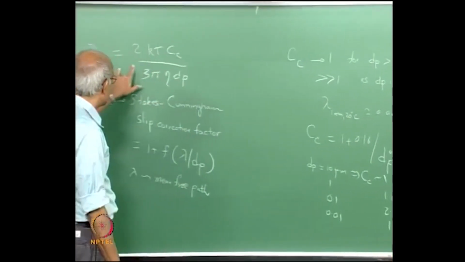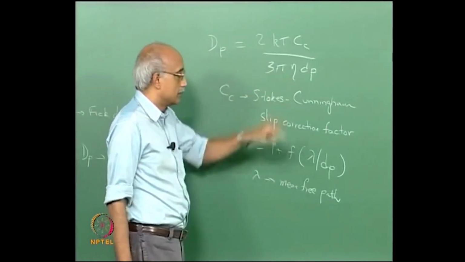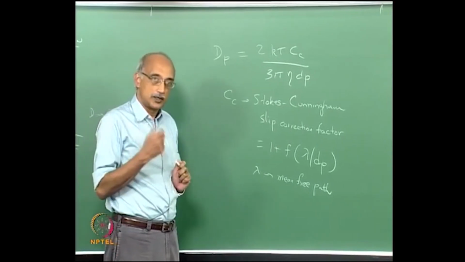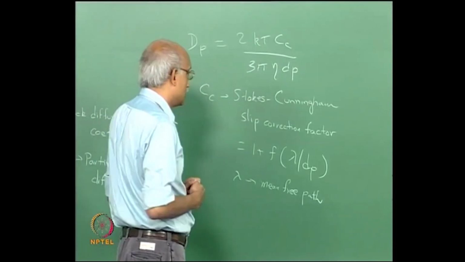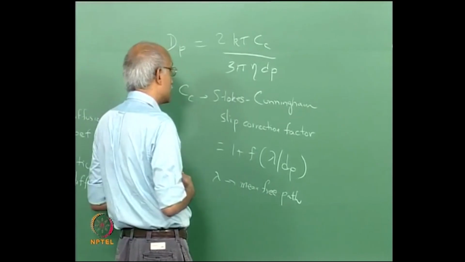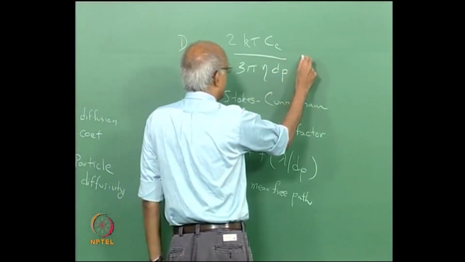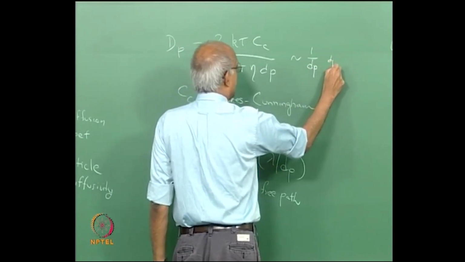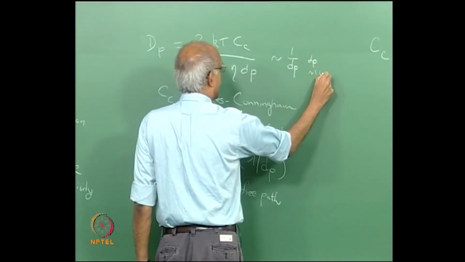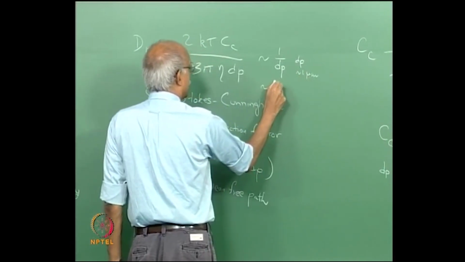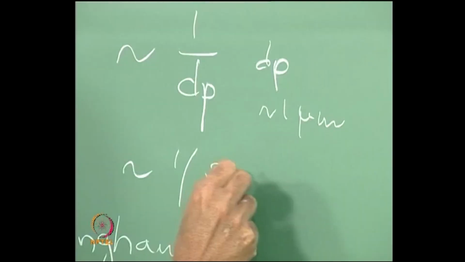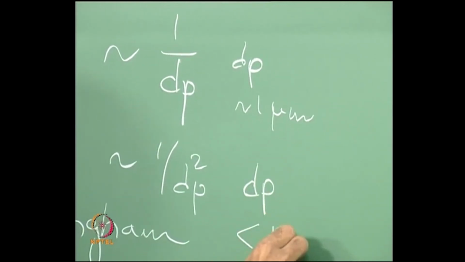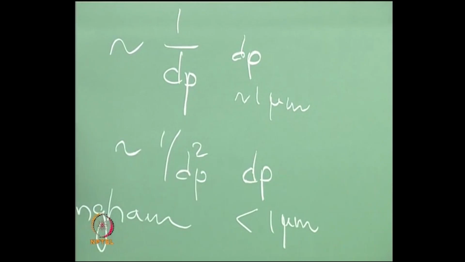So what that does is the diffusivity then becomes proportional to 1 over dp squared for particles in the submicron range. Now that is an important consideration, that diffusivity will go as 1 over dp when dp values are of the order of 1 micron, but it will go as 1 over dp squared when dp values begin to drop well below 1 micron.